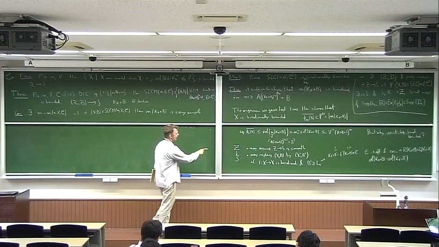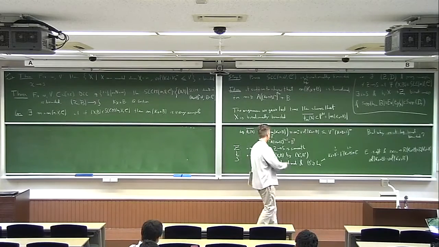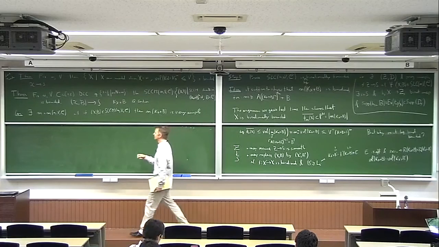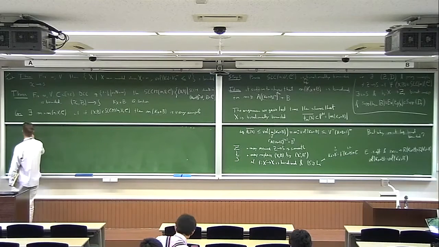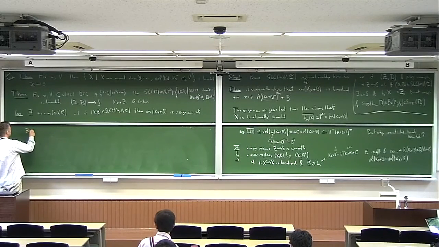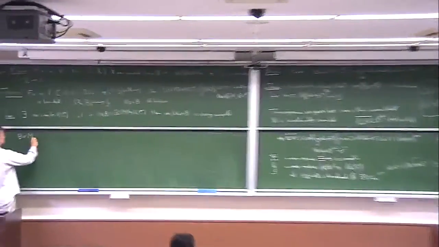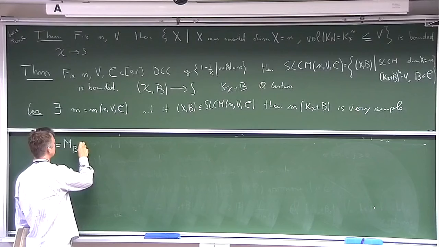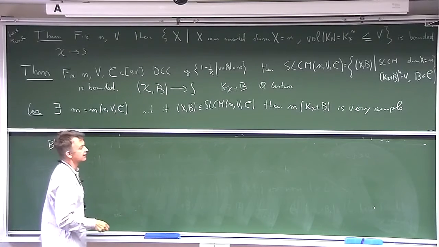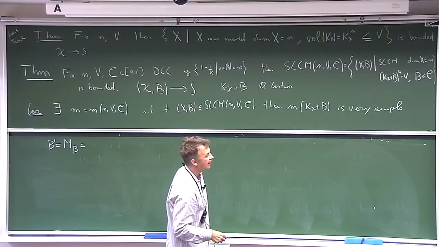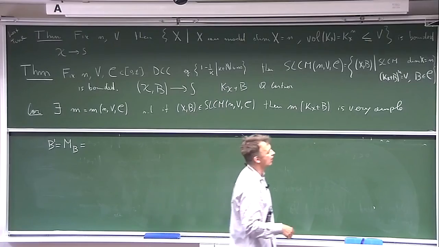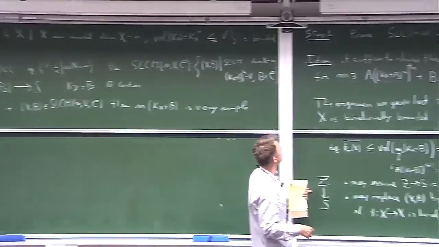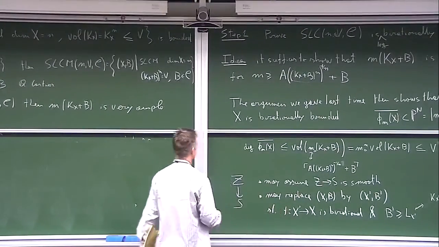So I will define this divisor here. B' will be equal to, I don't know if I had this notation in one of the first lectures, M of B. What does this mean? Did I give a name to the map from X' to X? I haven't given a name to this one, so I'm allowed to call that one f, I guess.